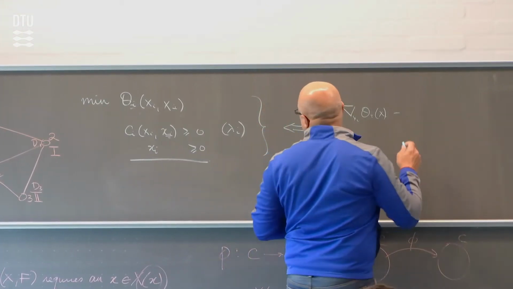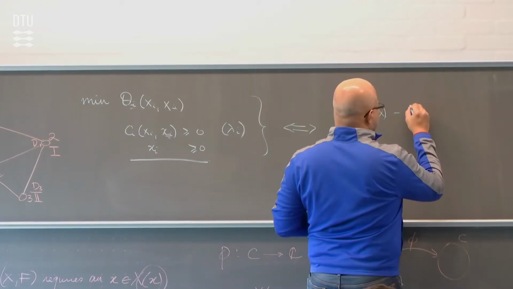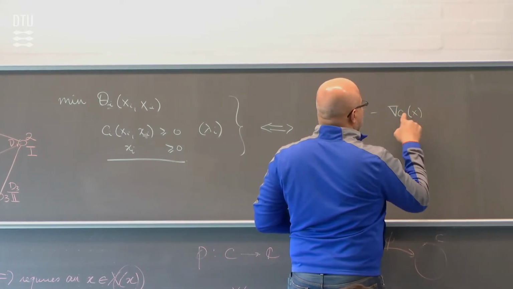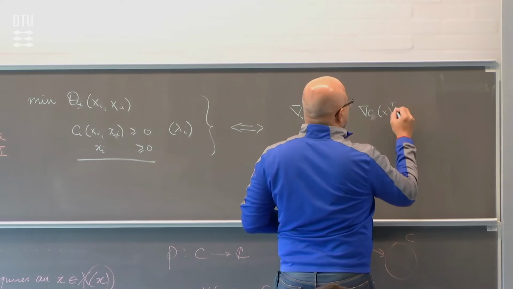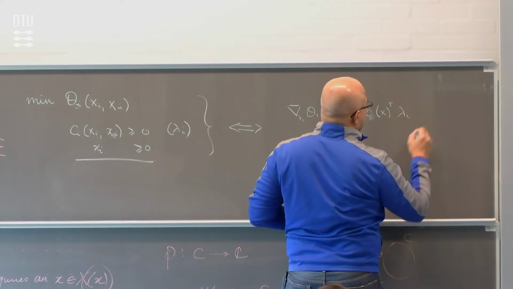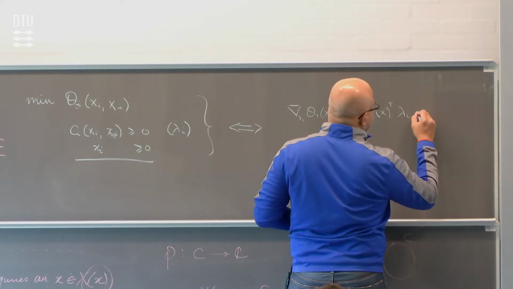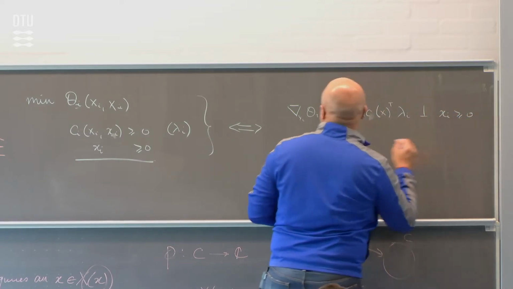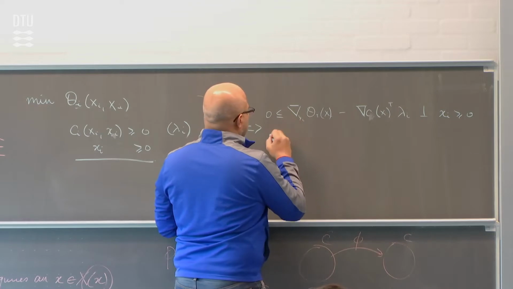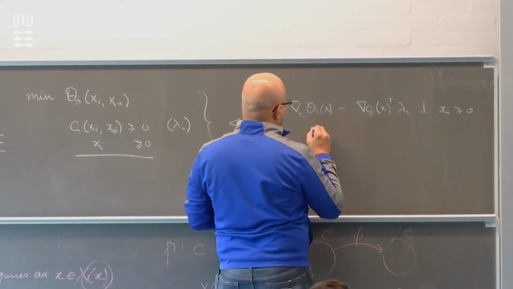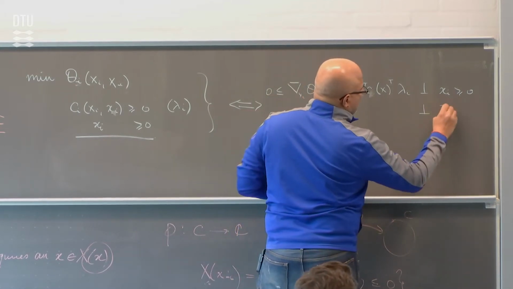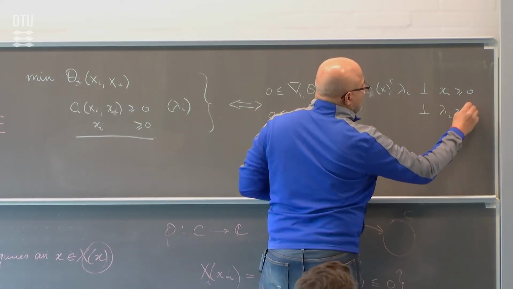So what I have is minus the gradient of c, not ci, c, transpose lambda i, and this is orthogonal to xi non-negative, and this is orthogonal to c of x, this is lambda i.